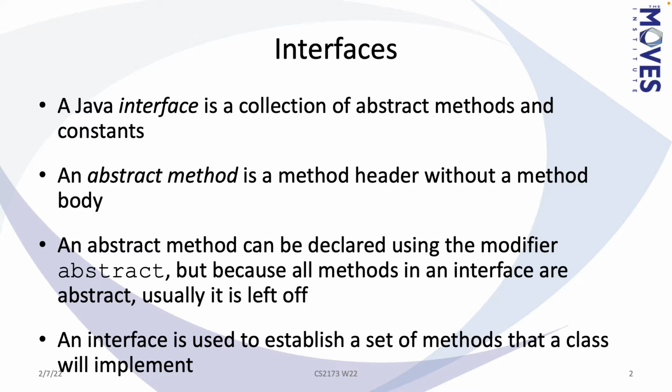But with classes, with everything we've seen so far, you have to specify both the interface, which is the method name and its signature, as well as its implementation, that is what the method does. What the interface property of Java allows you to do is specify what those methods are, without having to specify exactly how they're implemented.